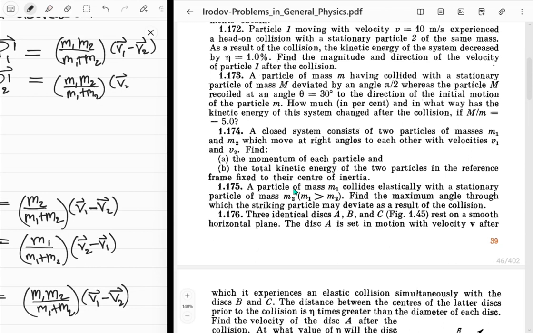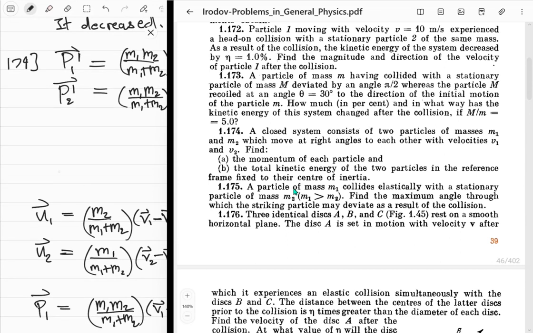Notice that their addition is going to be 0, which does make sense. Okay, and they want the kinetic energies as well. So the total kinetic energy, K in the center of mass.